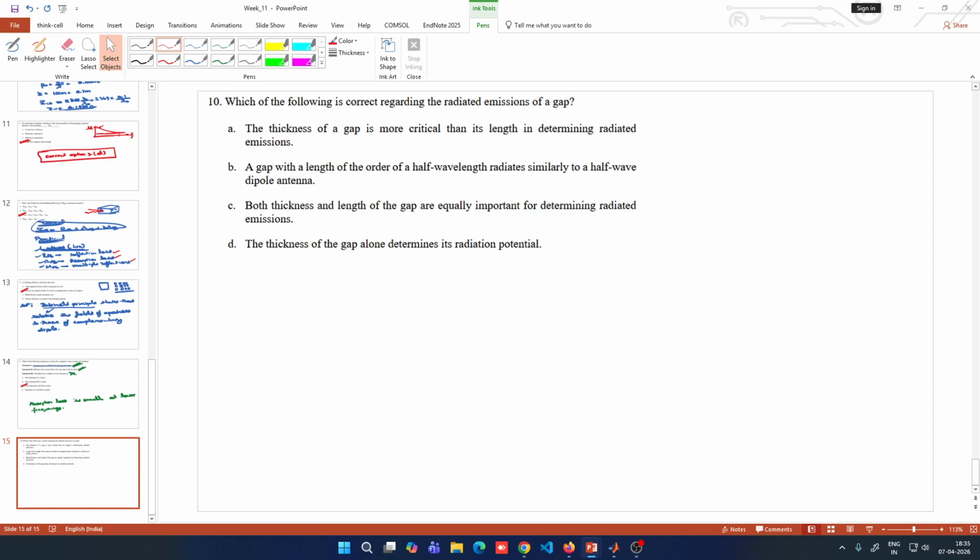Which of the following is correct regarding the radiated emissions of a gap? Gap means an aperture we can take. So it is talking about Babinet's principle. I will write it down here.